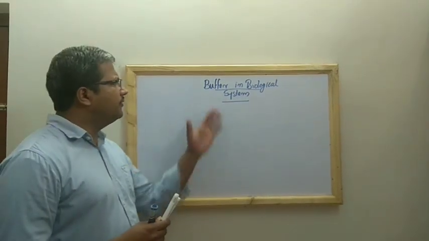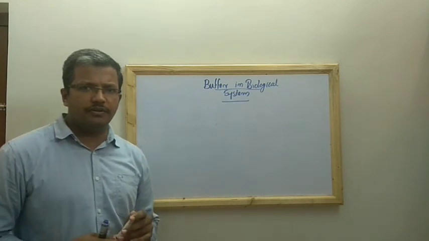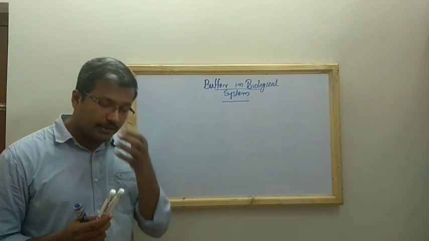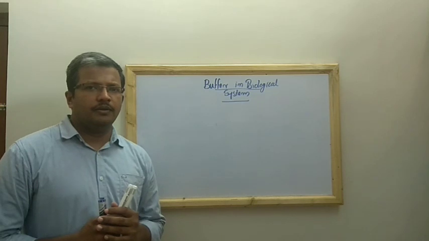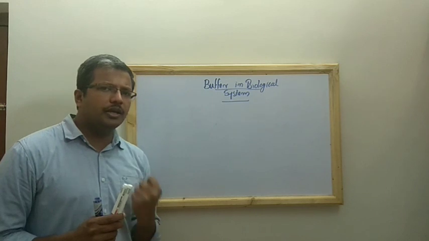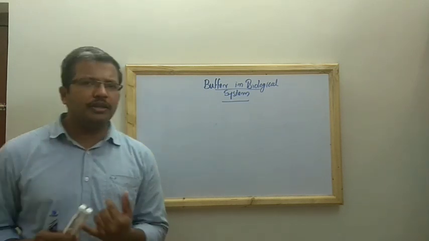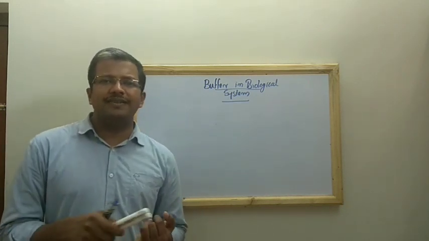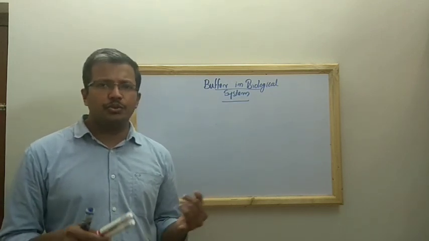Let's see buffers in biological systems. We have already discussed the two main buffers in biological systems: the phosphate or phosphoric acid buffer, and the carbonic acid bicarbonate ion buffer. Buffers play an important role in biological systems, and we can take one example, pepsin and trypsin. Pepsin acts mainly in acidic pH, around 1.5 to 2.